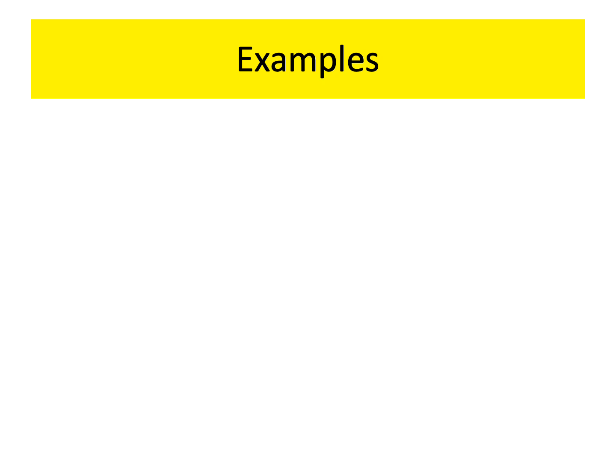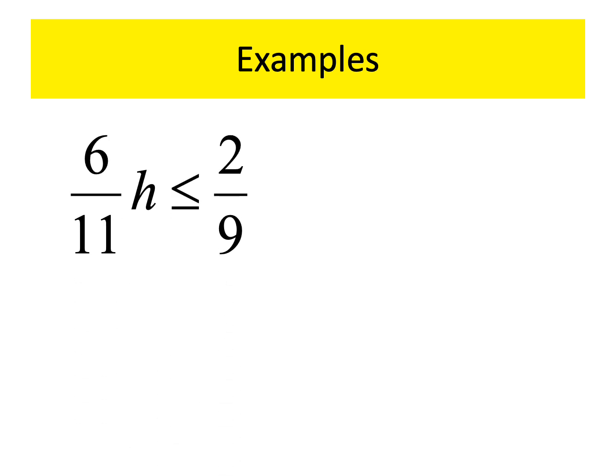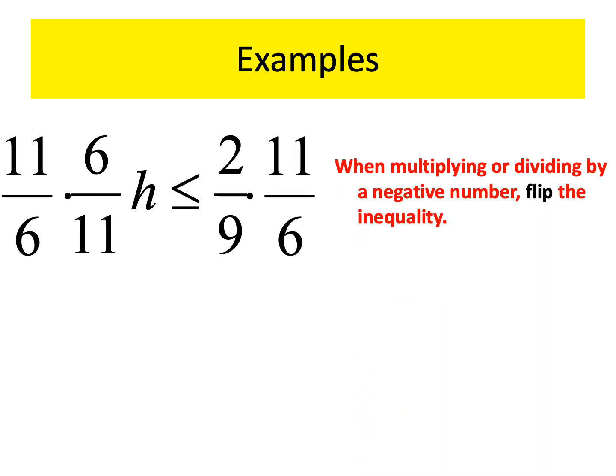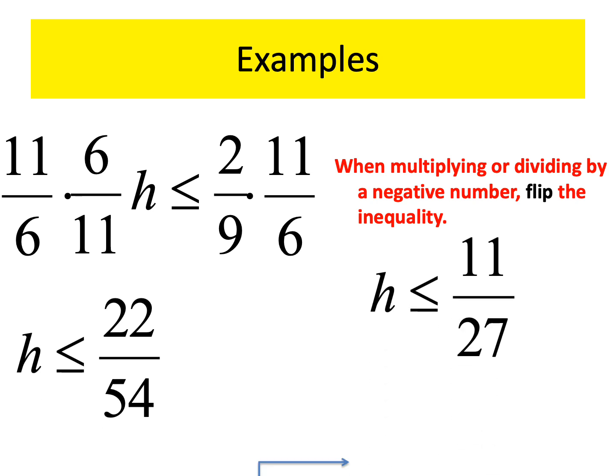Okay. One more example. All right, what are we going to multiply both sides by? Yep, 11/6. Did I just multiply or divide by a negative number? Nope. So I don't need to flip the inequality. You can do some cross cancellation here if you want to do that first, or you can multiply straight across and then reduce. It's kind of up to you.